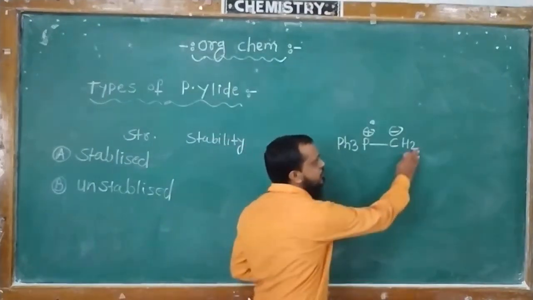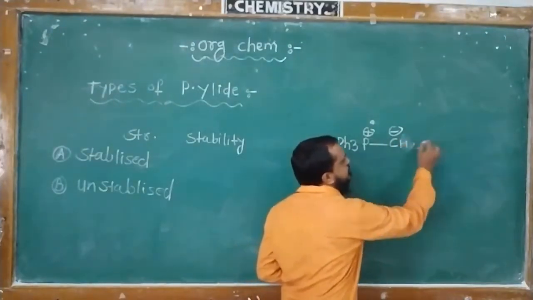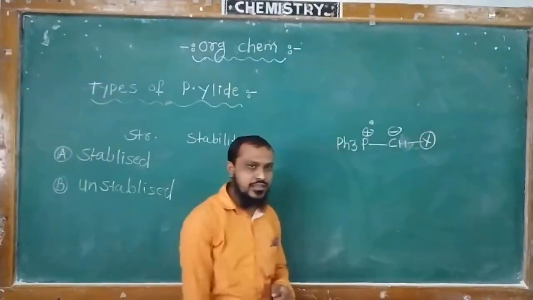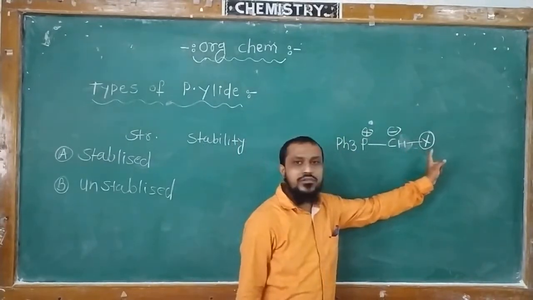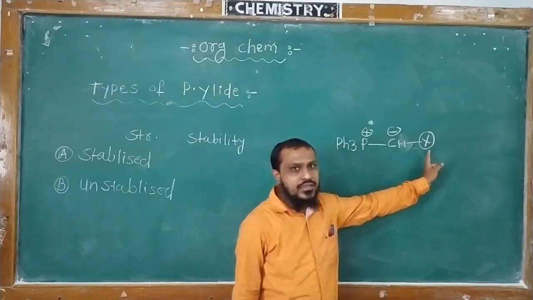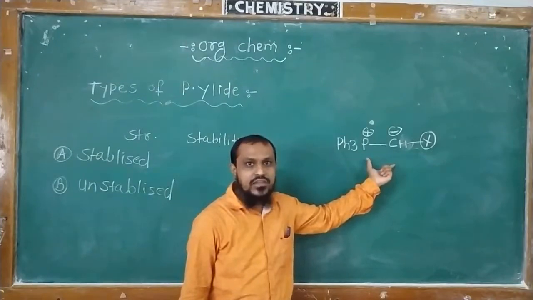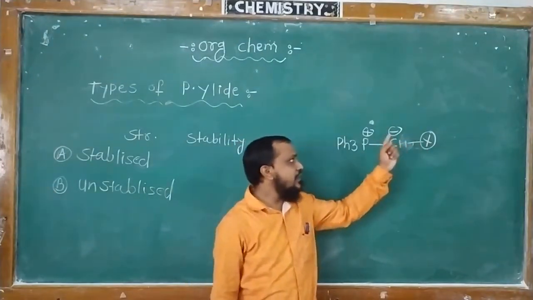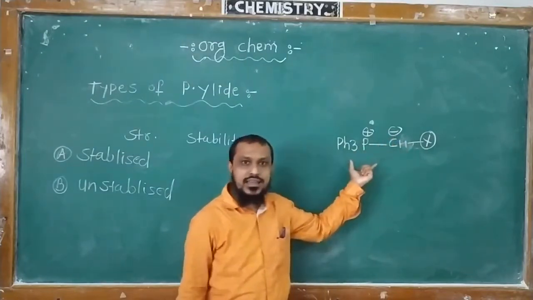So here only hydrogen will be attached. Suppose X group. Okay. So the stability of this phosphorus Ylide will depend upon this X group. Means the stability of any Ylide will depend upon the group which is attached to the nucleophilic carbon atom of phosphorus Ylide.